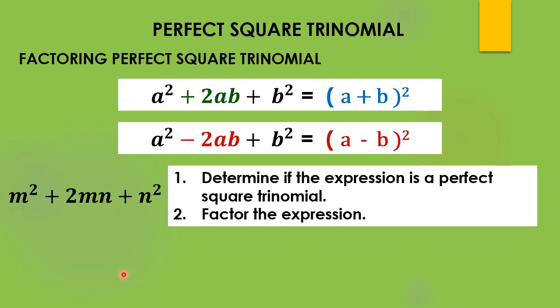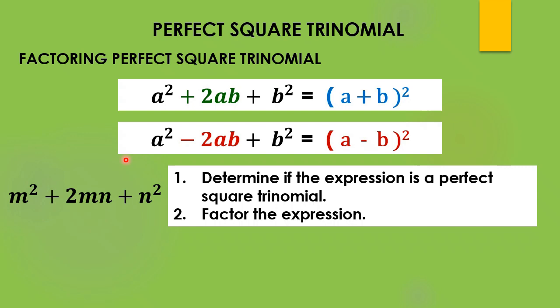After identifying the expression as a perfect square trinomial, you can now proceed to step number 2, which is factoring the expression. We can now factor the perfect square trinomial by following our guide.